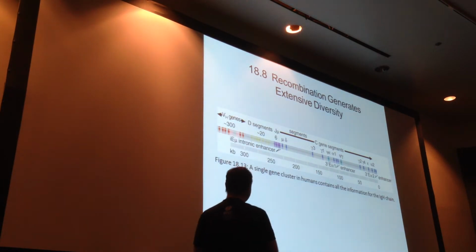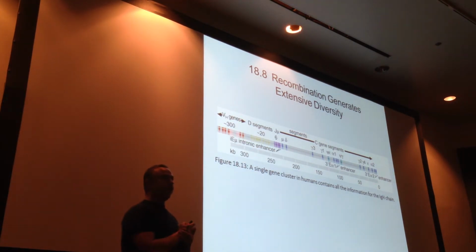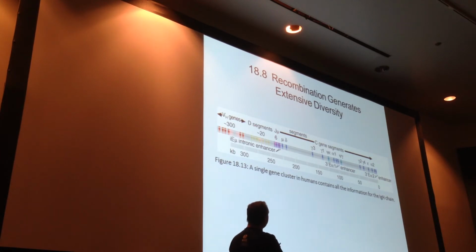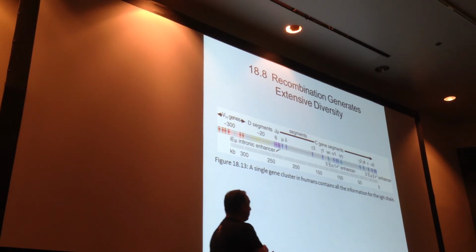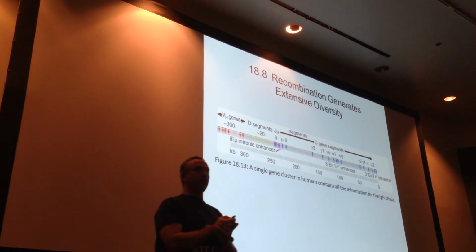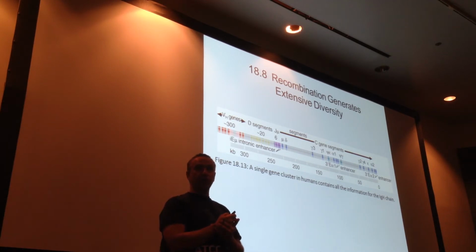The heavy chain gene has over 300 V segments, about 20 D segments, 6 J segments, and then it has, so that's all the variable domain, and this is the constant domain, but this constant domain here actually comes in several different versions. It comes in a mu version, a delta version, several gammas, an alpha, etc., an epsilon version. The mu version is the first one used, and I'll go over that in a little bit more detail.